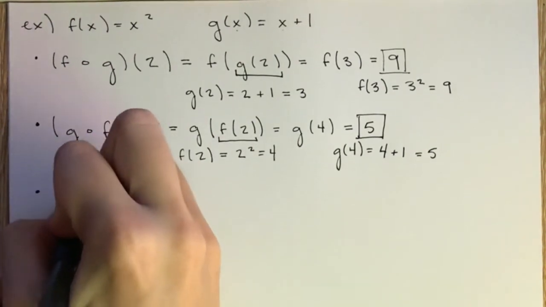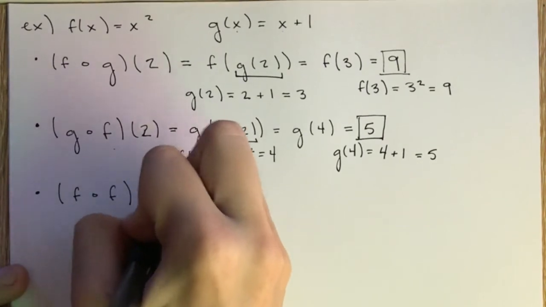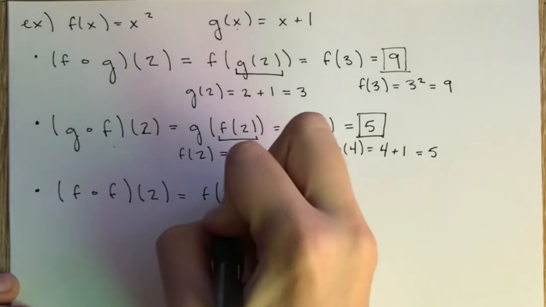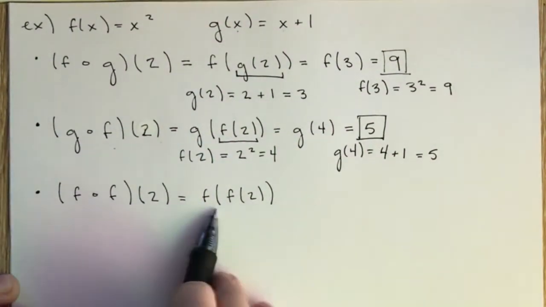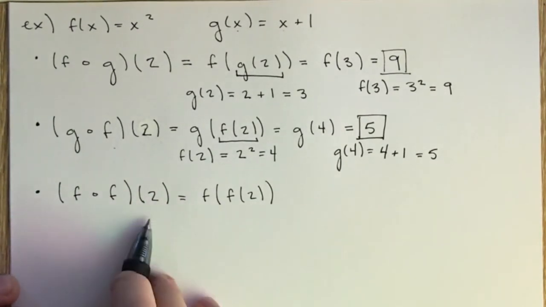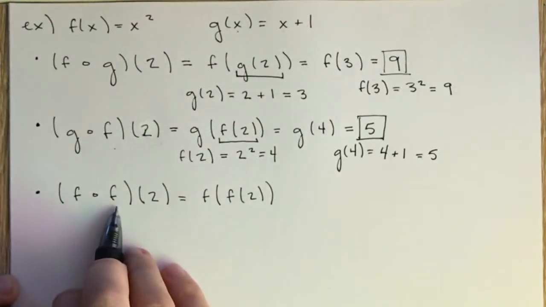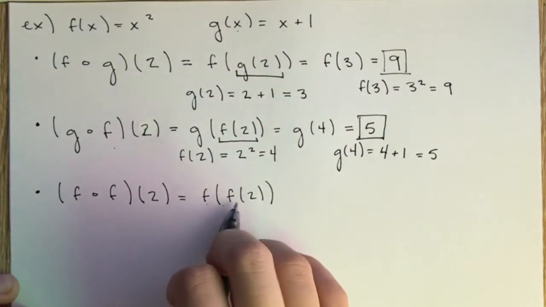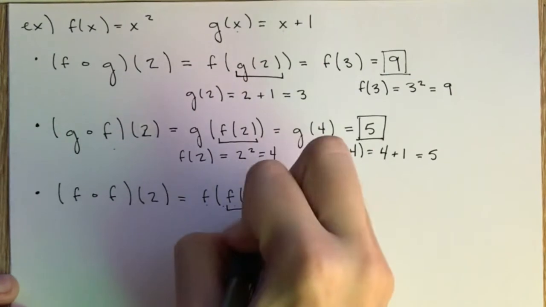What if I asked you to compose f with f? Let's check it out. We've got f of f of 2. If you're having a hard time writing this, then I would encourage you to say it to yourself, sort of say it out loud. F of f of 2. What is f of 2?